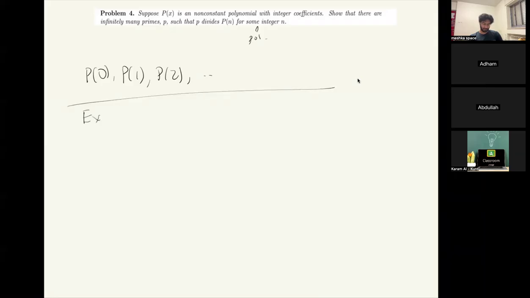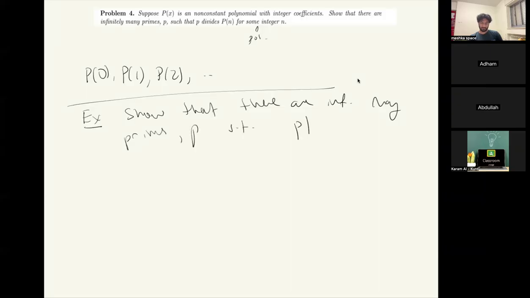So example: show that there are infinitely many primes p such that p divides n squared plus 1 for some integer n.